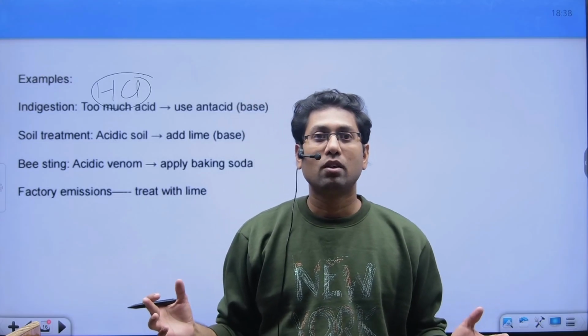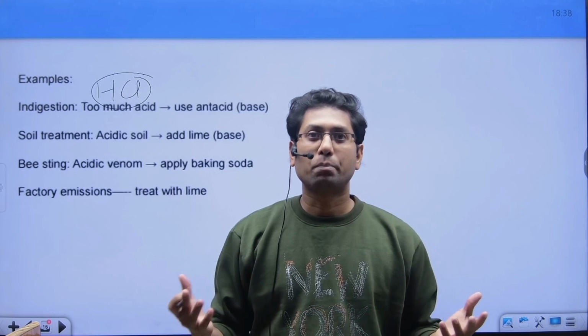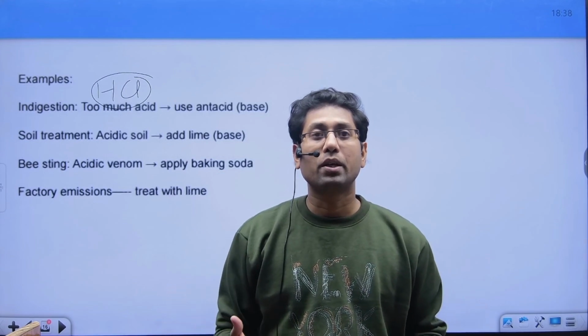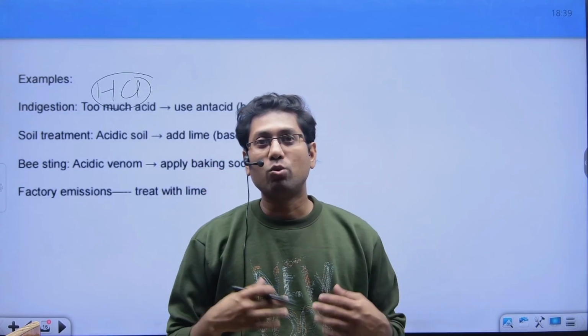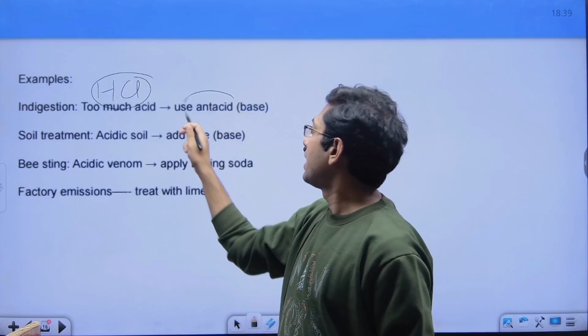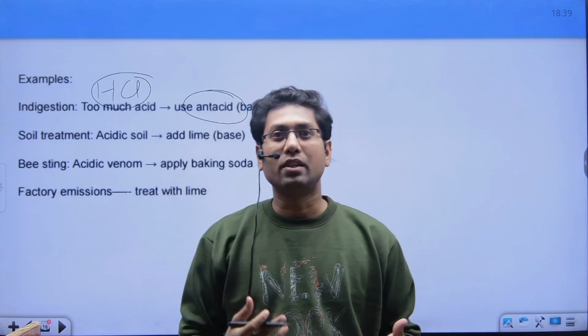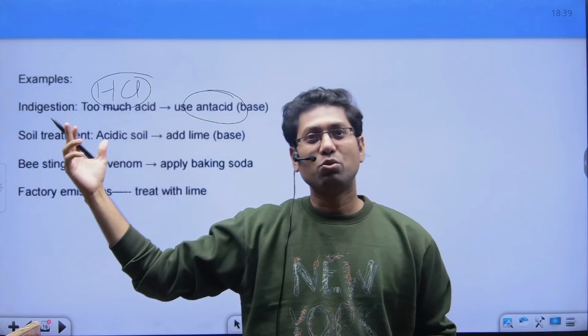You feel that your stomach is paining. And when your stomach is paining, how do you cure it? You use an antacid, which is basic in nature. As we have discussed, what is a neutralization reaction?